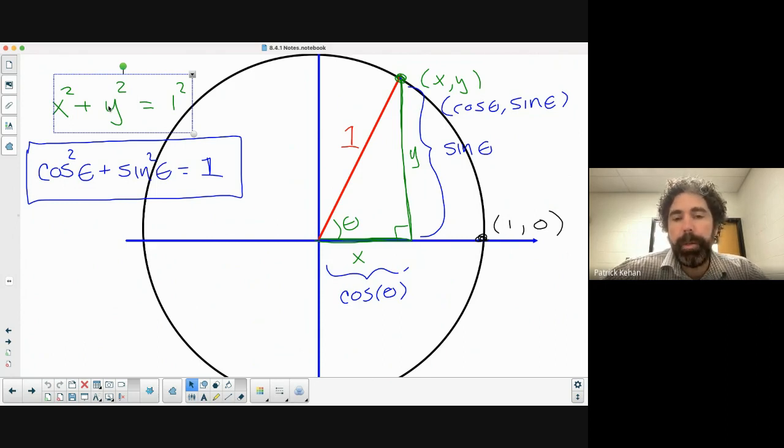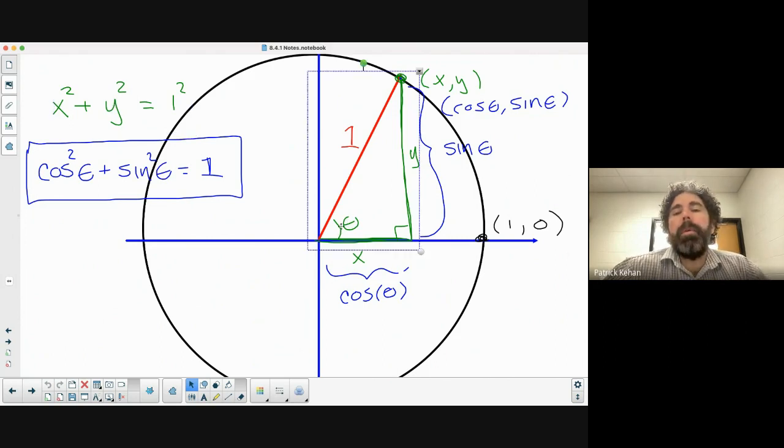We also know that if we speak in terms of the angle here, the cosine of this angle theta right here is equal to this leg that we defined as x. So we can say that this small horizontal leg right here, we could also call cosine theta, which is something we've been working on, but we're just viewing it from a different perspective now.